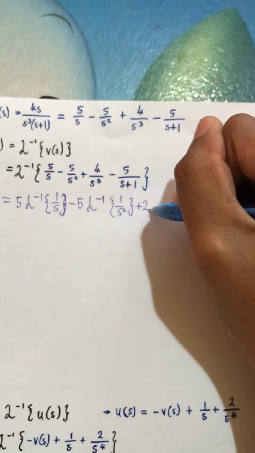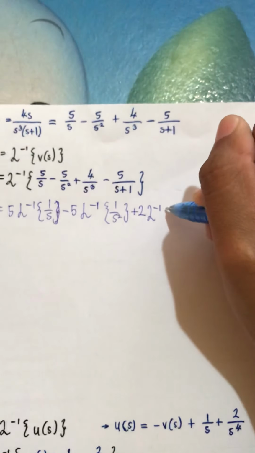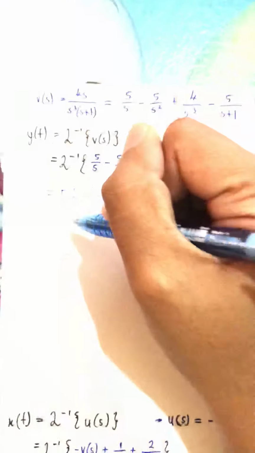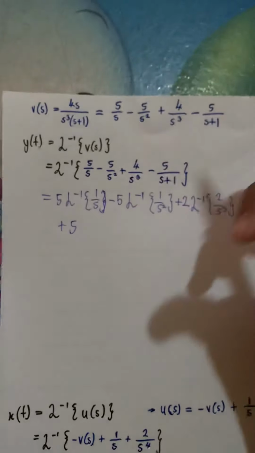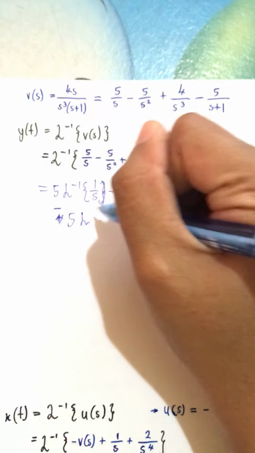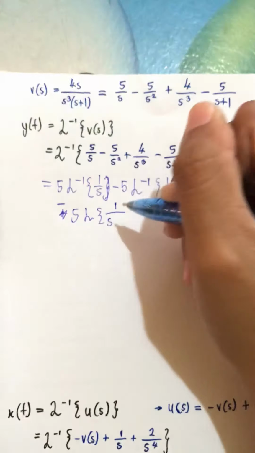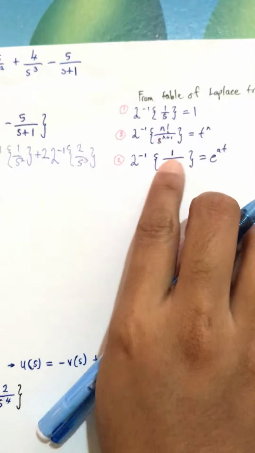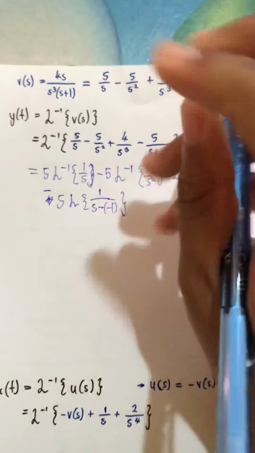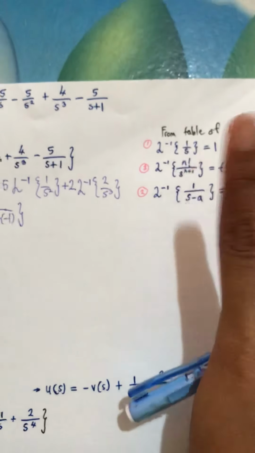So we just factor out the value of 2 here, so we get the inverse of 2 over s cubed, and then minus 5 and then the inverse of 1 over s. Here also we have to modify to become this form, so s minus 1. Yeah, so we just substitute the inverse of Laplace transform that we get from the table.